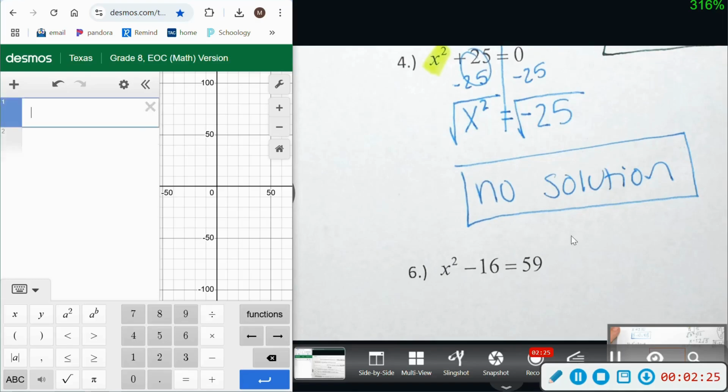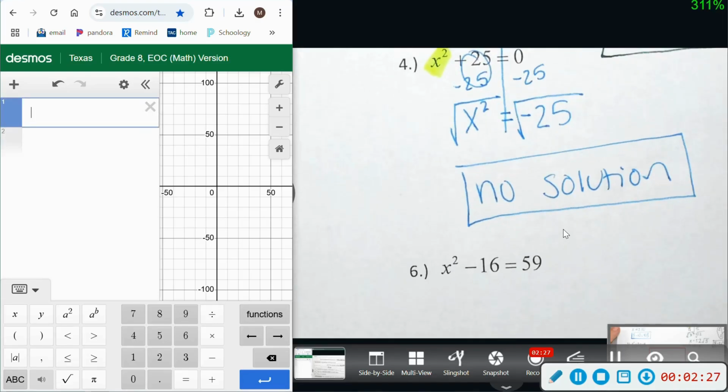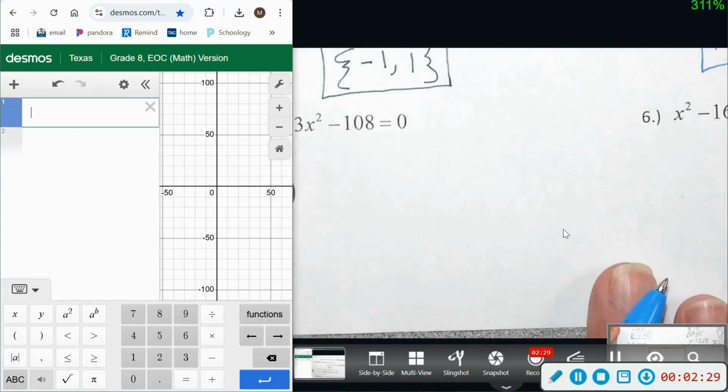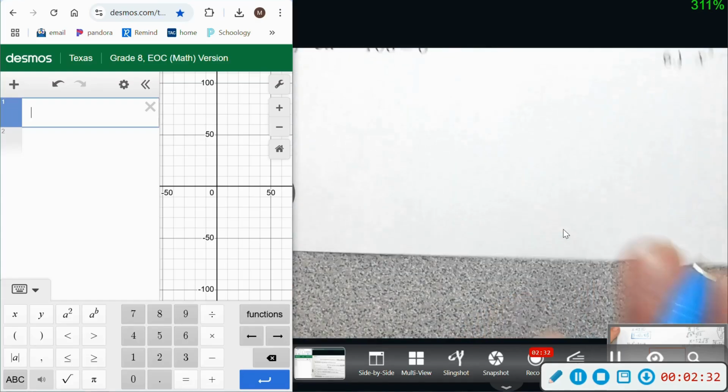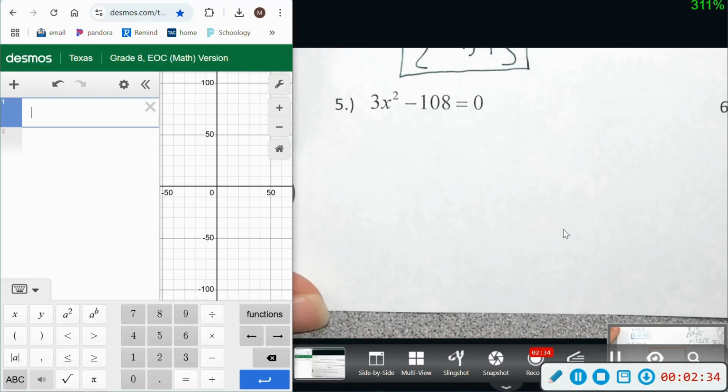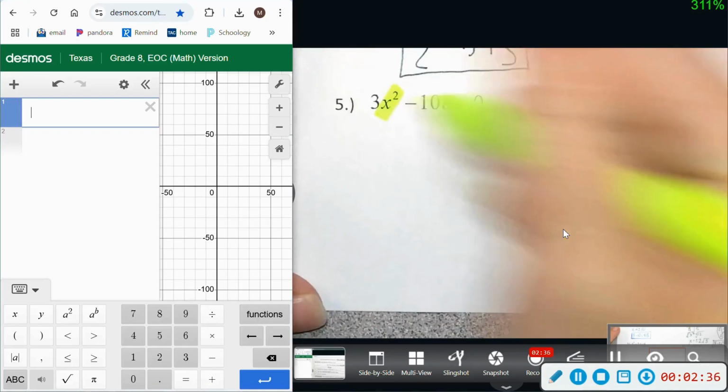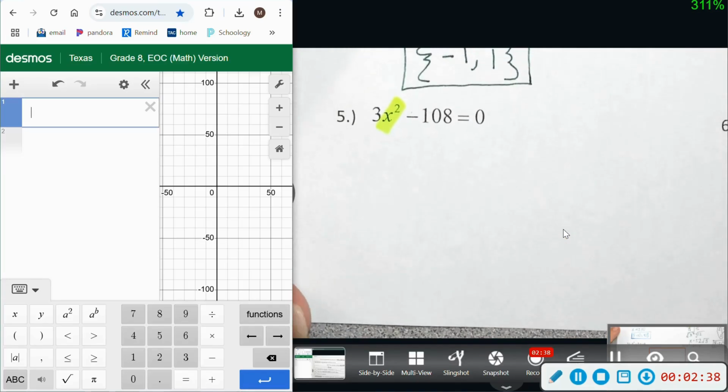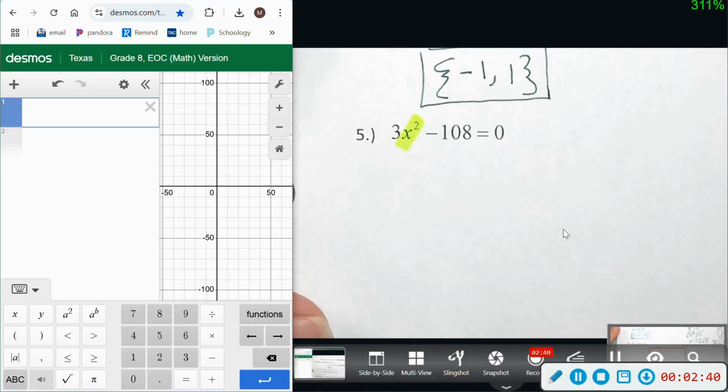Okay. So let's look at number 5. I want y'all to try to get what's squared alone first. What do you need to move first? You're getting it by itself right now, by yourself.